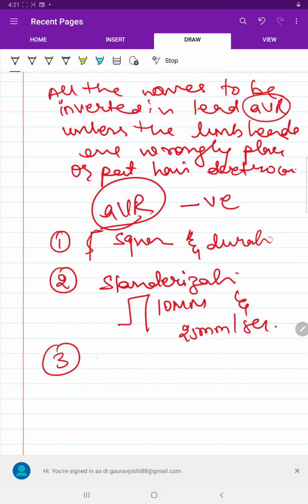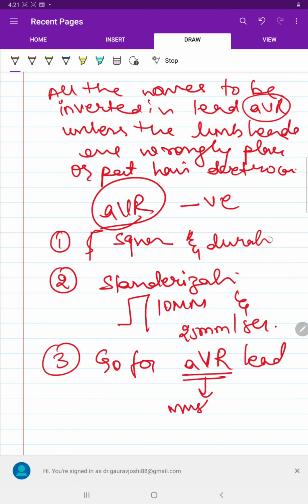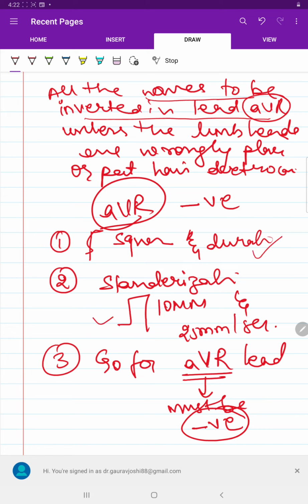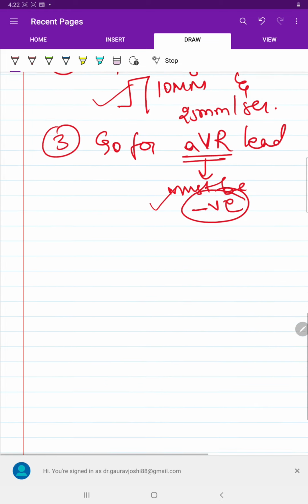Number 3, go for AVR lead. AVR lead must be negative. All the waves should be inverted in lead AVR. After these three things, you are happy that squares and duration are checked, standardization is checked, and AVR lead is negative. Okay, you are happy to go for the others.